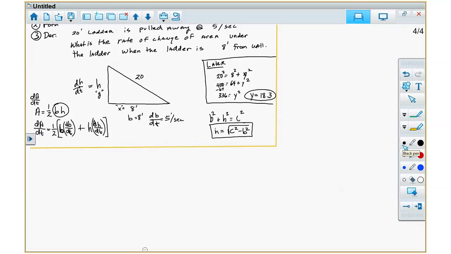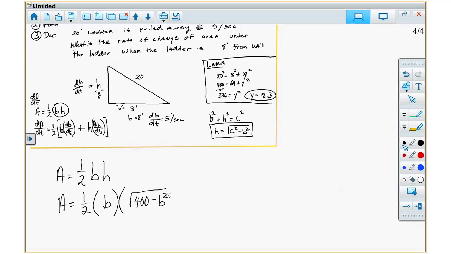Now, take A is equal to 1/2 base times the height, and plug in this right here. So A is equal to 1/2 the base times the square root of 400 minus b squared.